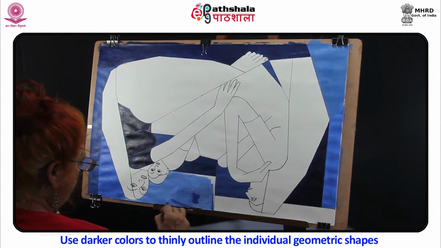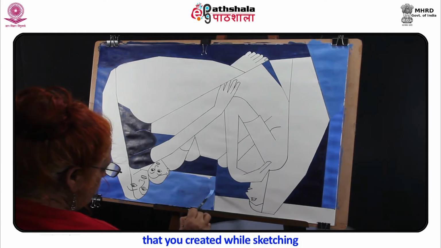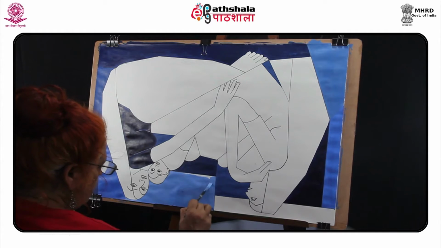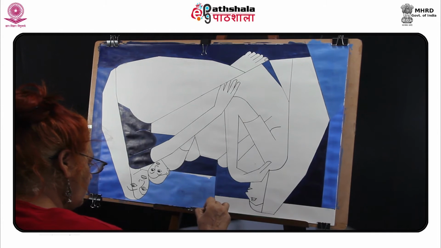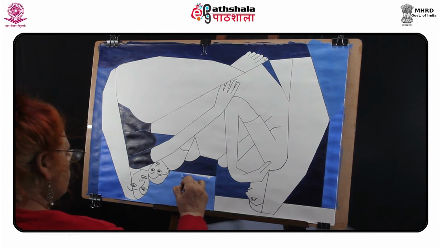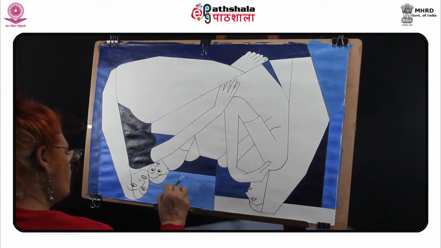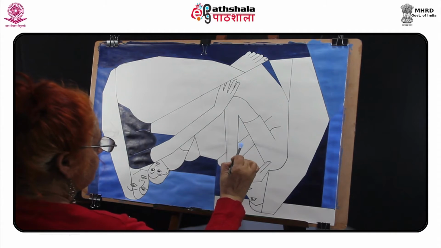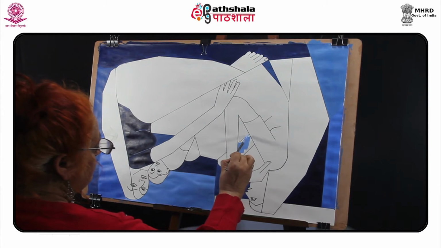Use darker colors to thinly outline the individual geometric shapes that you created while sketching. With acrylic paints, you can layer colors to make your painting feel more dimensional.